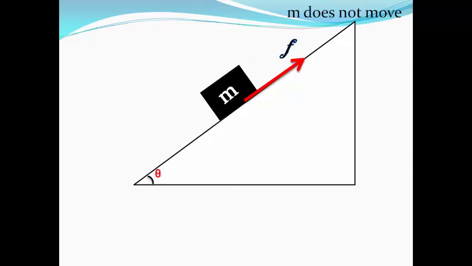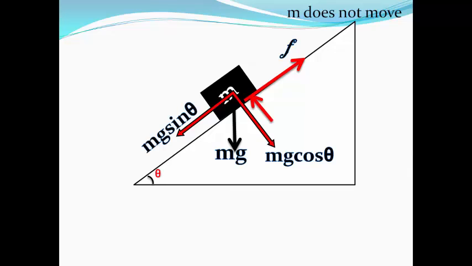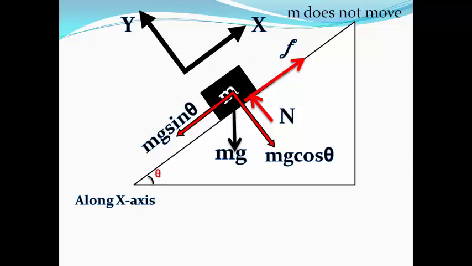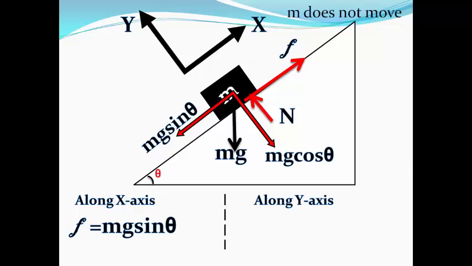Labeling other forces: mg acting vertically downwards, its components mg cos theta, mg sin theta, and normal reaction acting perpendicular at the point of contact, choosing the axis x and y. Therefore, along x-axis we have static friction equal to mg sin theta, and along y-axis N minus mg cos theta will be equal to 0.